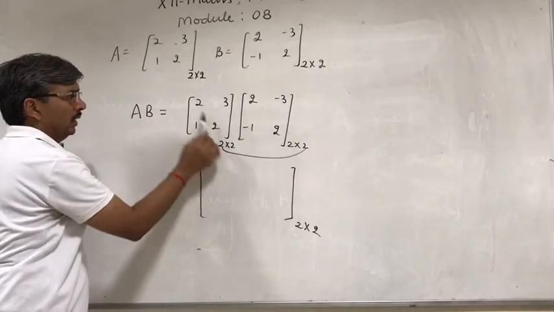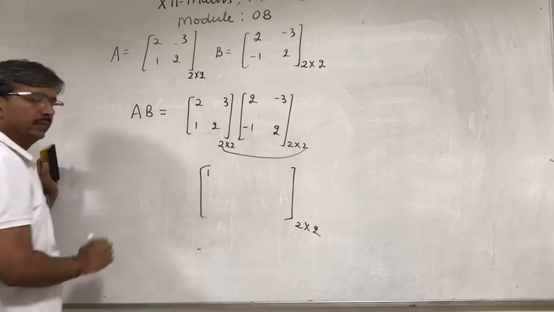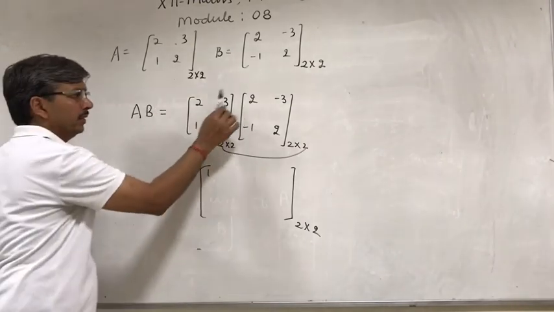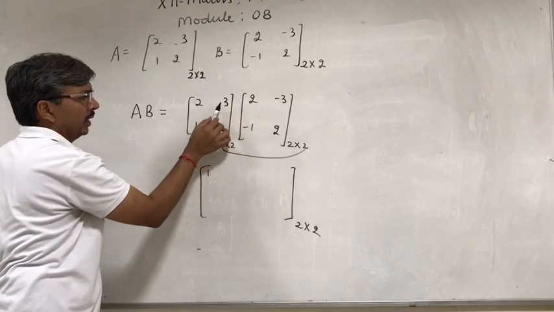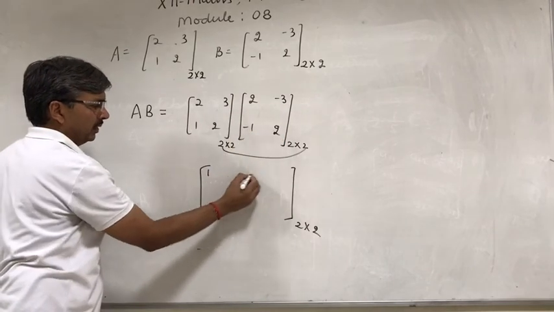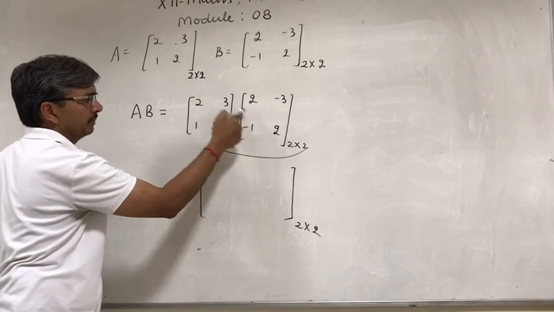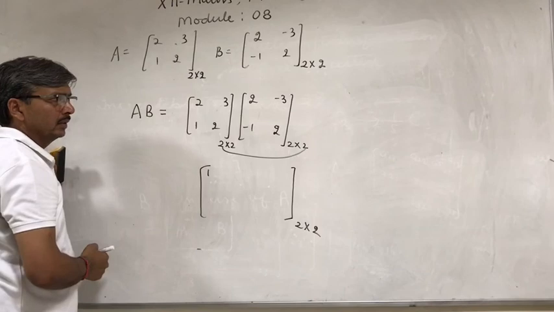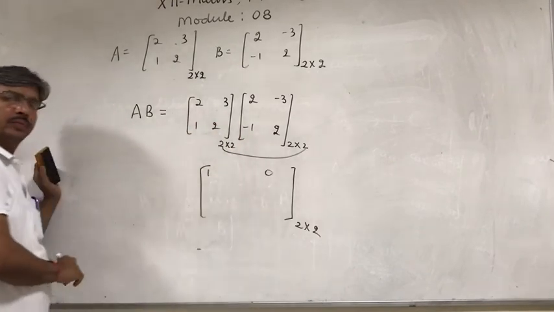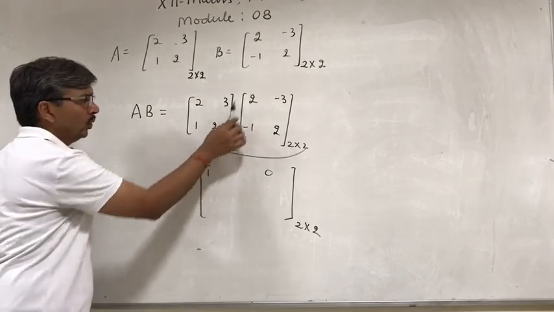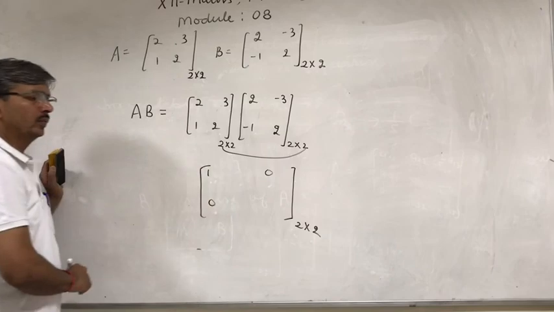A11: 2 into 2, 4, minus 3, 1. A12: 2 into minus 3, minus 6 and plus 5... minus 6 plus 6, 0. A21: 2 into 1 is 2, minus 2, 0.